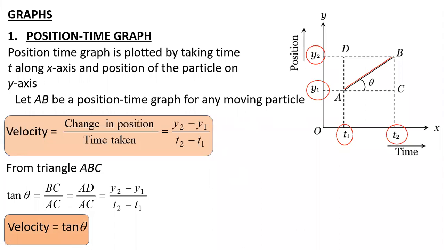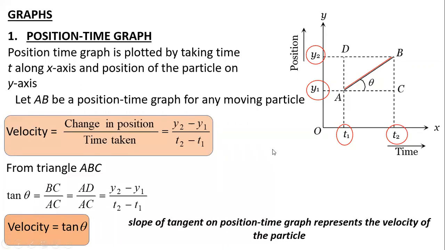From a position time graph, velocity is given by y2 minus y1 by t2 minus t1, or velocity can also be given as the tan of the angle made with the positive direction of the x-axis. It is with respect to the positive direction of the x-axis, and hence I can conclude that the slope of the tangent on a position time graph represents the velocity of the particle.